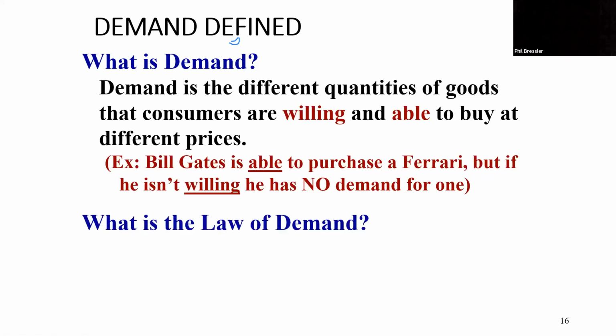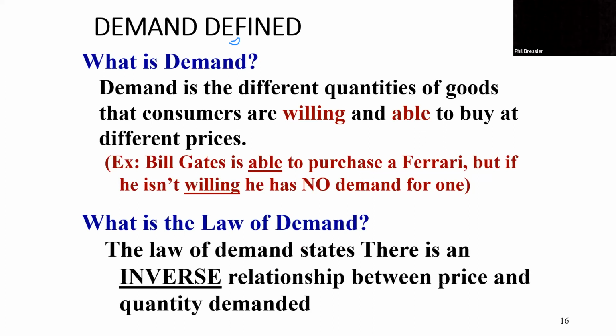All right, what is the law of demand? The law of demand is there's an inverse relationship between price and quantity demanded. We'll clean up this language either later today or next week. It's quantity demanded, okay?